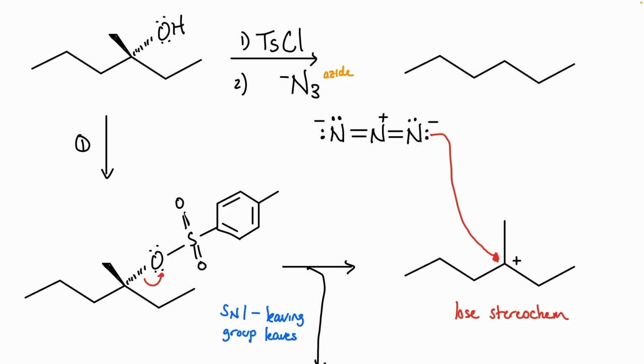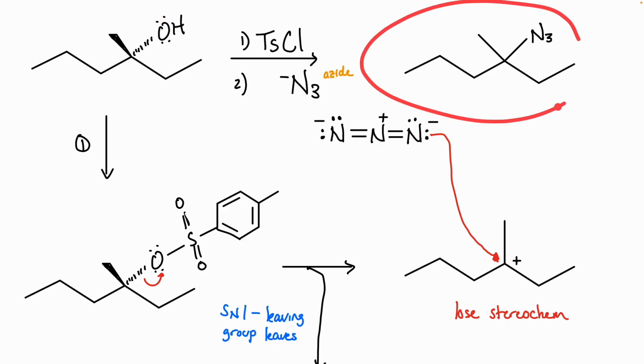Cool. So then my final structure here, importantly, I've lost my stereochemistry. Right? I started out with this stereospecific molecule here. On the other side, I end up getting a mixture of all possible stereoisomer products. So we just represent that with our straight line bonds. Cool.